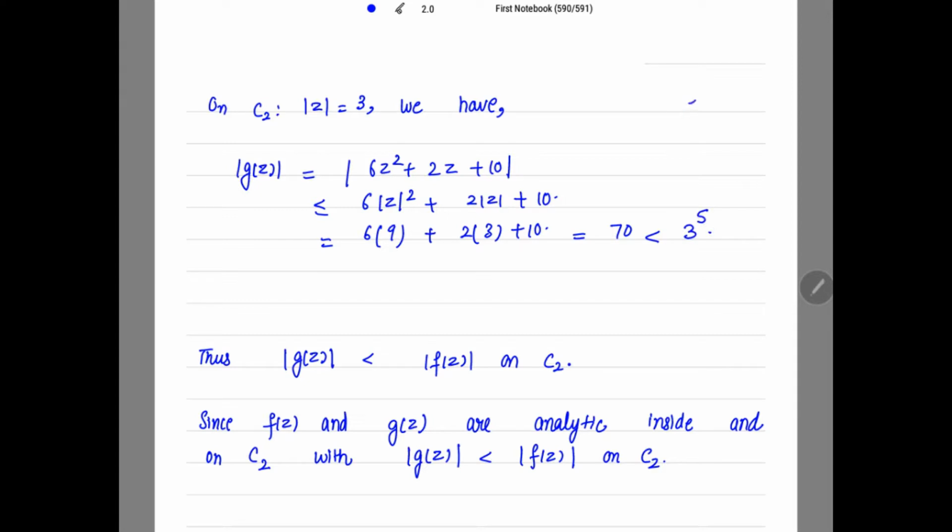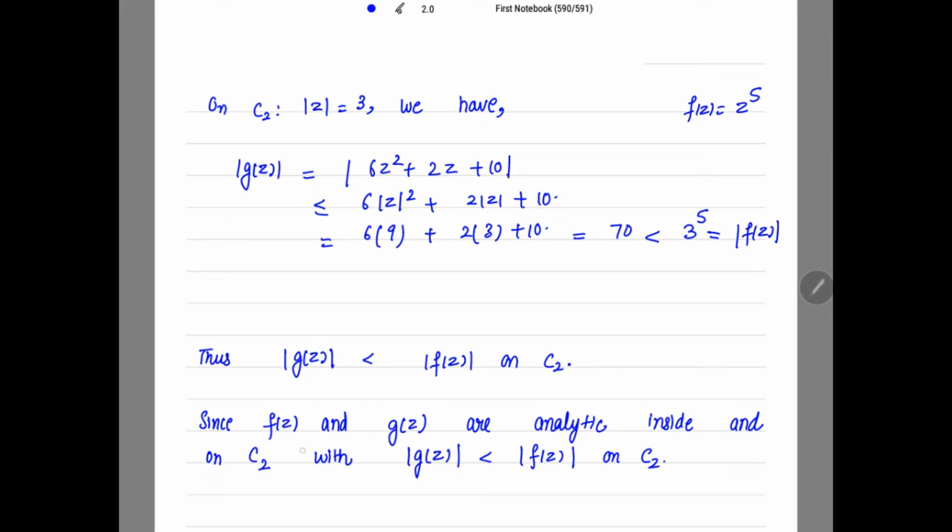What is your fz? z to the power 5. You have taken mod z equal to 3. So this 70 is strictly less than 3 to the power 5, right? Which is nothing but your mod of fz. So from here we can say mod of gz is strictly less than mod of fz on C2.